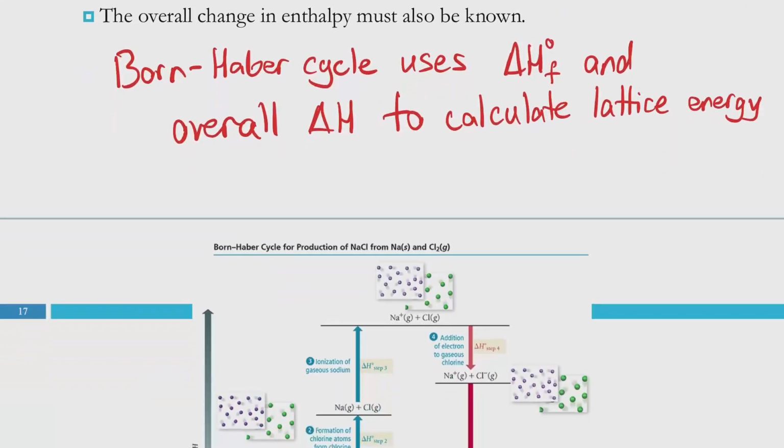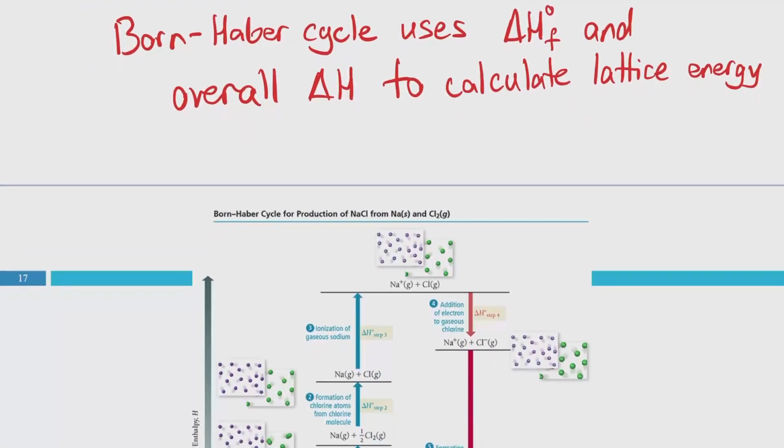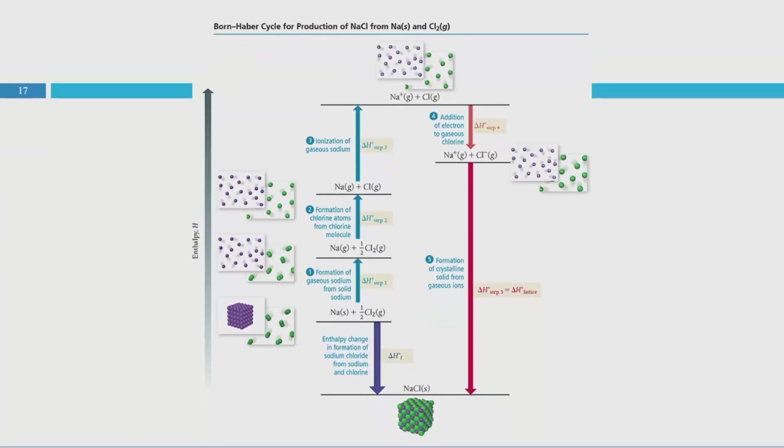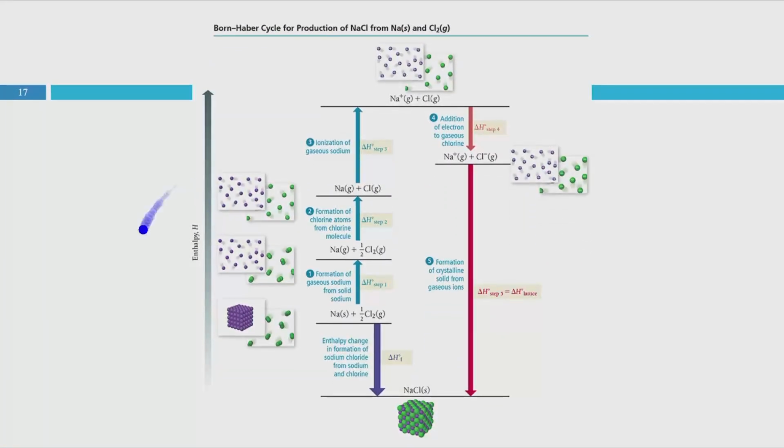Here's a diagram of a Born-Haber cycle. On the y-axis, we've got enthalpy, and we're showing our overall step on the left. This is our heat of formation of sodium chloride from the constituent elements.